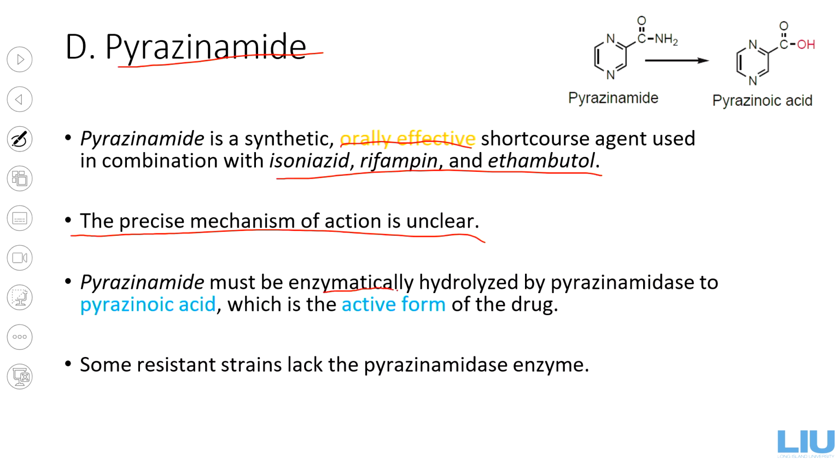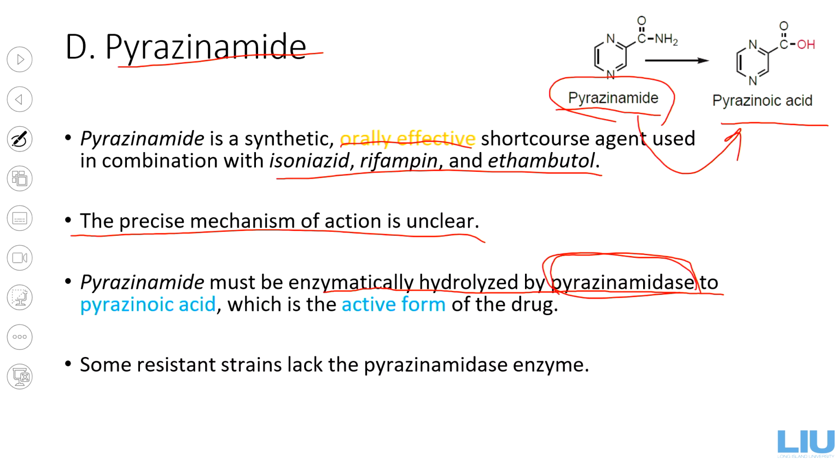It's enzymatically hydrolyzed so it has to be activated. So it's inactive, it's a prodrug. It has to be activated to the pyrazinoic acid through an enzyme that's named after the drug itself, pyrazinamidase enzyme, right? So it must be so specific to this drug. It activates pyrazinamide into the pyrazinoic acid, which is the active form of the drug, okay?